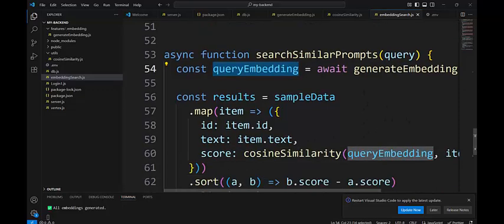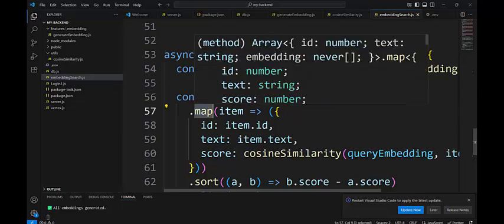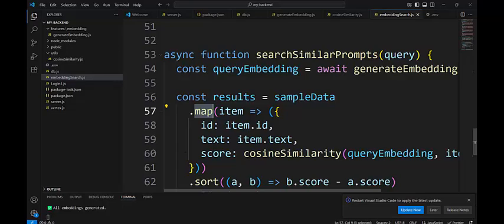And now you see, we call it results. Sample data is an array, and that sample data has a map method, like every array. In that map, every item has ID, text, and score.